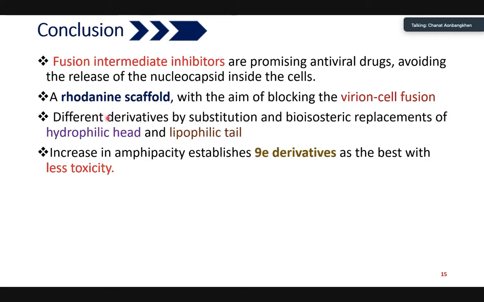And also, the different derivatives were able to be synthesized through substitution and bioisosteric replacement of the hydrophilic head and the lipophilic tail. Again, the 9E derivative has the best activity with less toxicity.